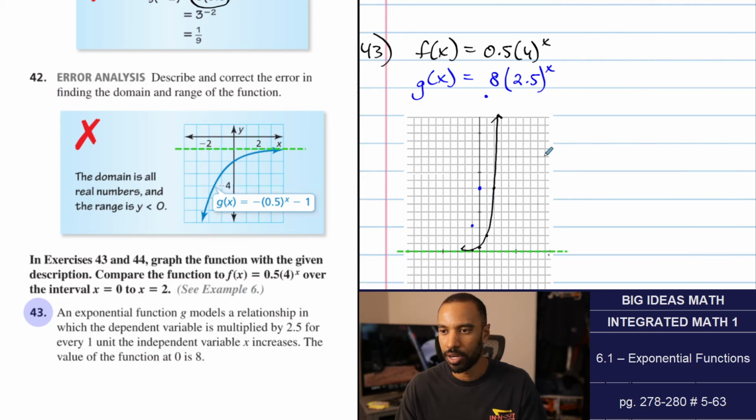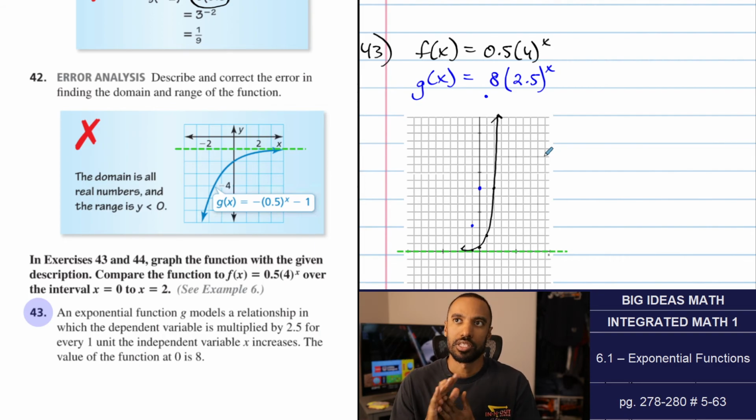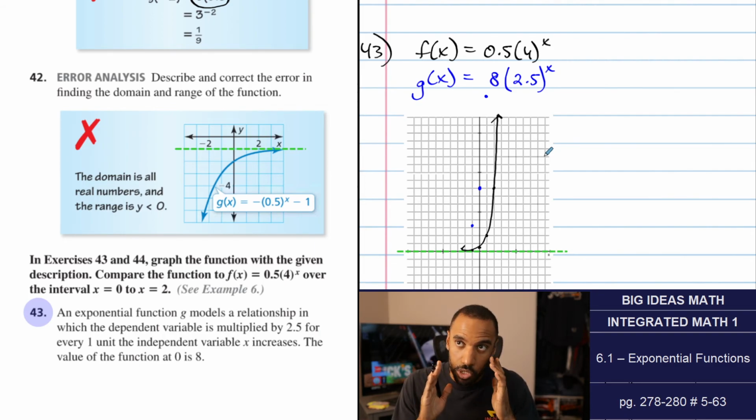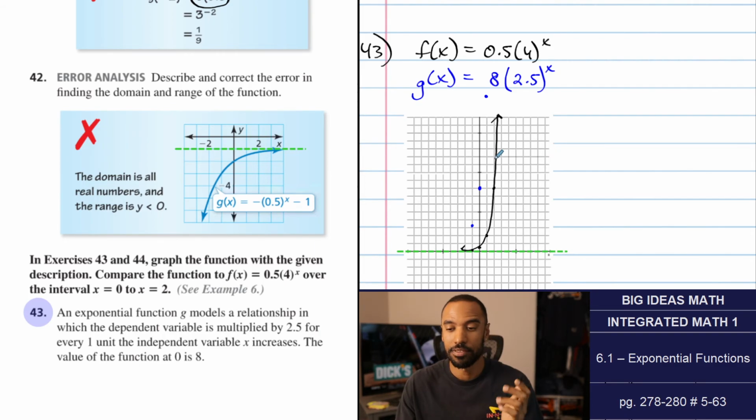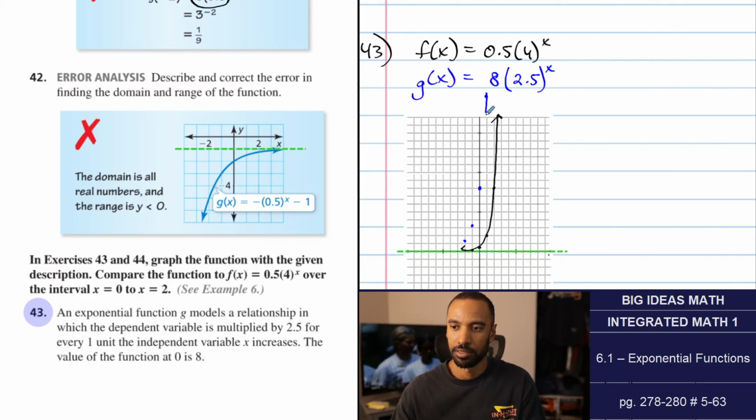I'll do at least one more here. 16/5 times 2/5 is 32 25ths, so it's a little more than 1. 1 and 7 25ths, like that. So you can see the shrinkage there, but not quite as sharp. It starts taller. It doesn't shrink quite as fast as this other guy. It would kind of keep working itself this way, like that, until it goes over. But those are the two graphs.